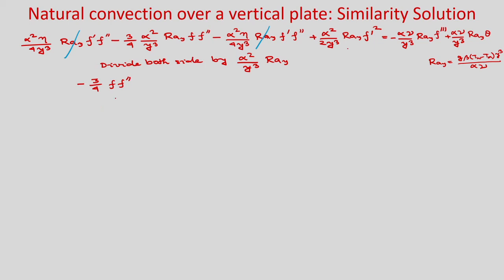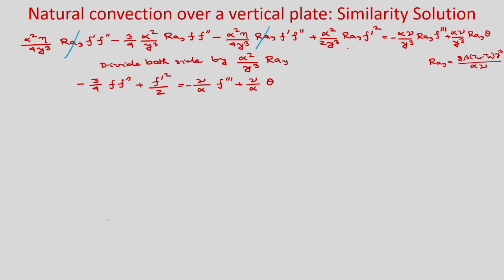This term if you see, so it will be plus f prime square by 2. In the right hand side, the first term you can see. So, we are dividing by alpha square. So, one alpha will come in the denominator. So, nu by alpha. So, there is a minus sign into f triple prime, and also we have nu by alpha into theta.